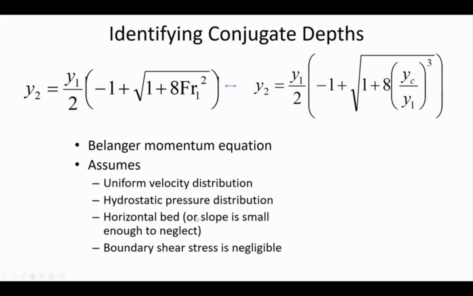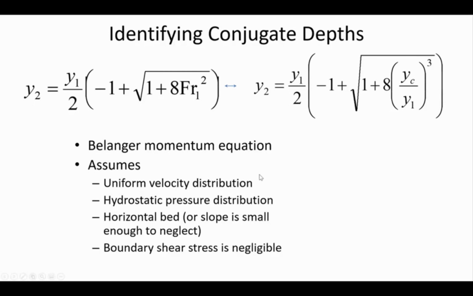So this horizontal bed is saying assume that it's a really shallow slope, that the downstream depth is just because of the hydraulic jump and it doesn't have to do with other gradually varying flow effects. And boundary shear stress is negligible is kind of related to the velocity distribution assumption. So those are the weaknesses.